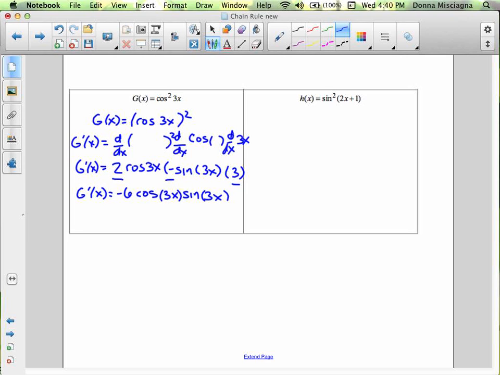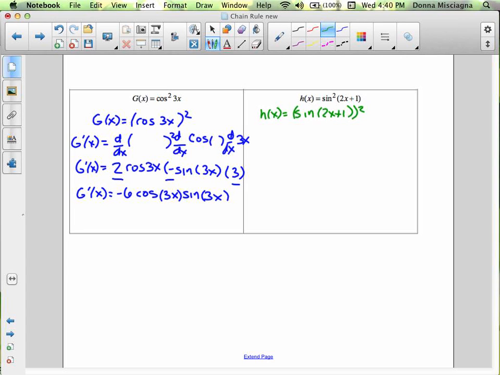Let's find the derivative of sine squared of 2x plus 1. It helps to rewrite this as h of x equals sine of 2x plus 1, and that is all squared.